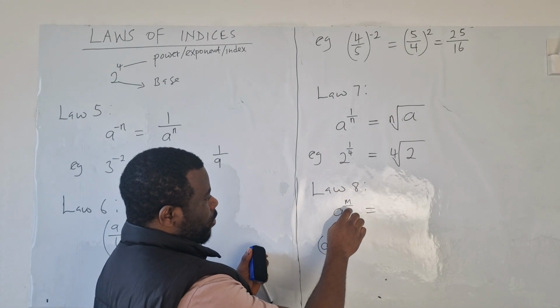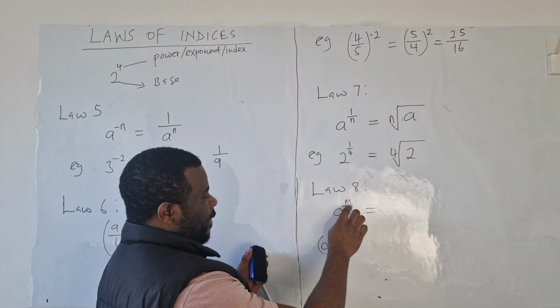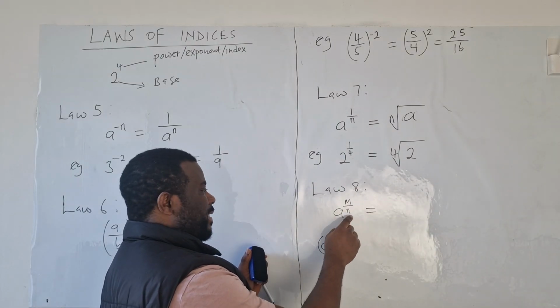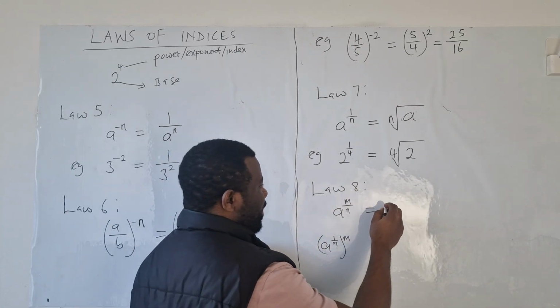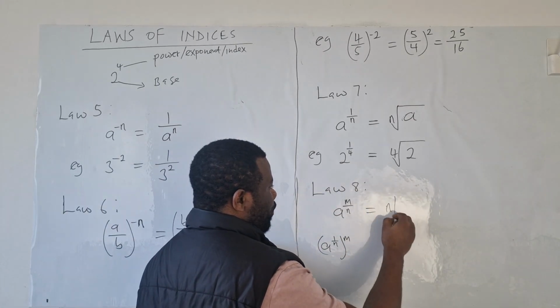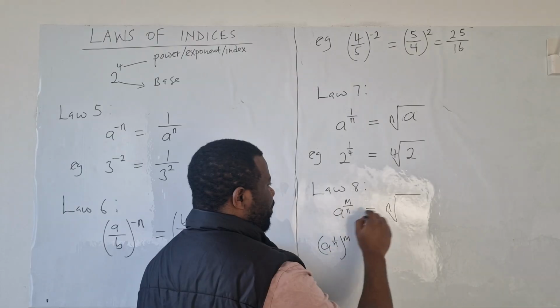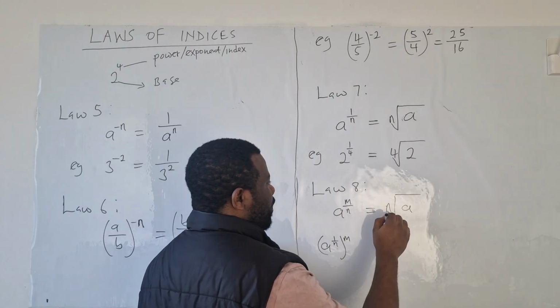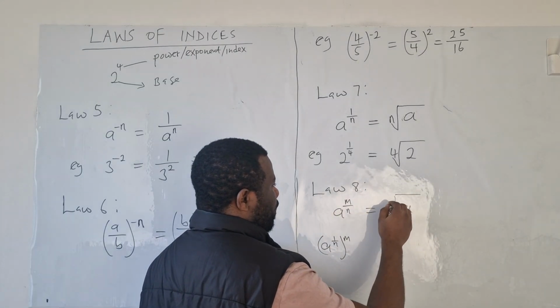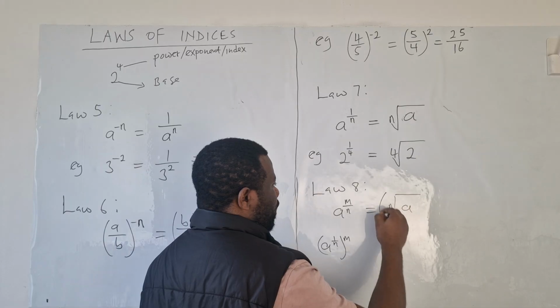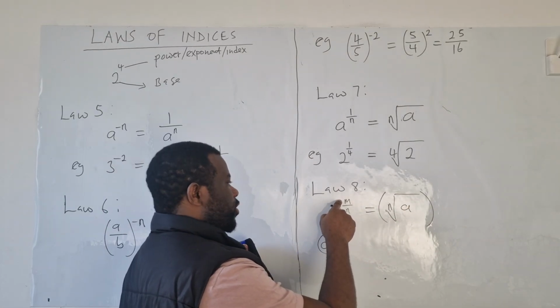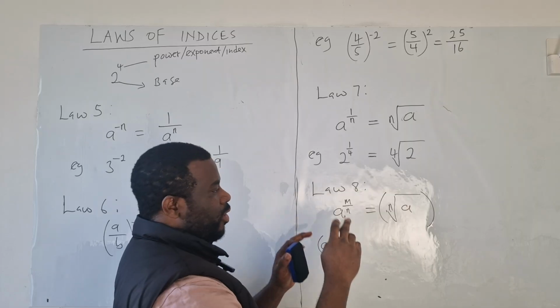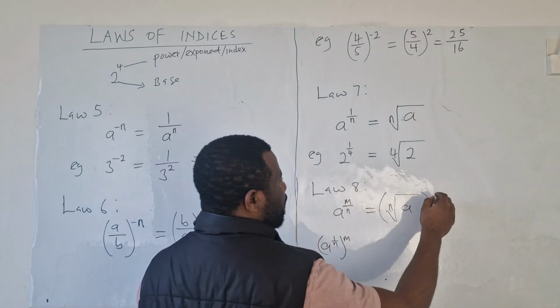So once the fractional power has a denominator of n, this will give us the nth root of the base a, all raised to the power of the numerator. So the numerator here becomes the power of the whole nth root.